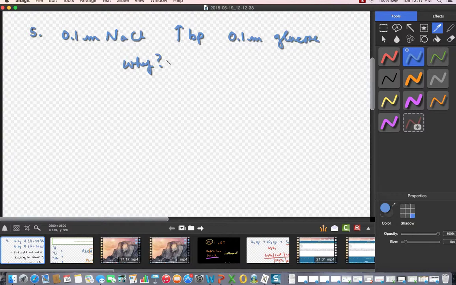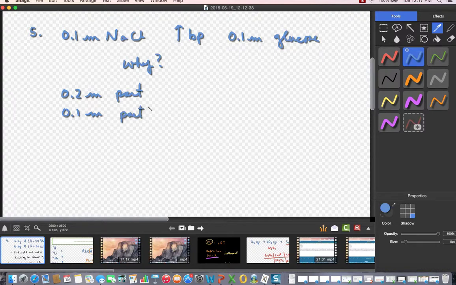The 0.1 molal solution of NaCl is actually 0.2 molal of particles, because I have 2 particles for every formula unit. Glucose is covalent. It does not ionize, so it is essentially 0.1 particles.